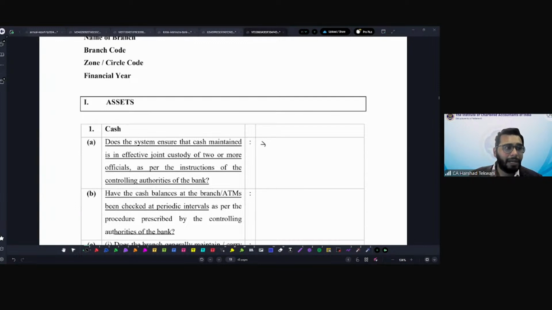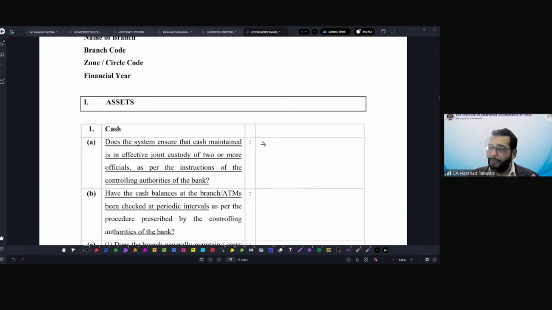Apart from that, see, it is cash. It's a very, very important aspect when it comes to the bank audit. So you will periodically verify, the bank does the cash count also. The cash counts will be done on a periodic basis. You have to ensure that the cash is physically verified and is getting tallied with the cash balance shown in the register or the balance in the CBS, that is the core banking system.